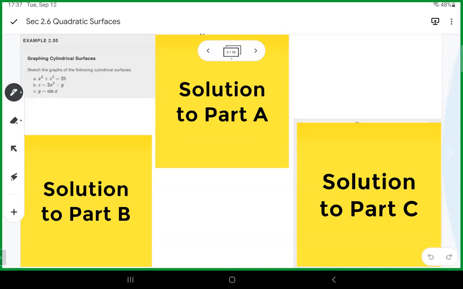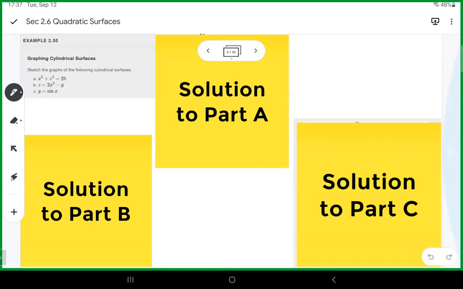I'll remove the sticky notes when we're ready for it. The first one says x squared plus z squared equals 25. What everyone should notice is that we only have x and z that we're dealing with. And you should also be screaming at you that it's going to be some kind of circle, right? Because it's following that circular pattern.